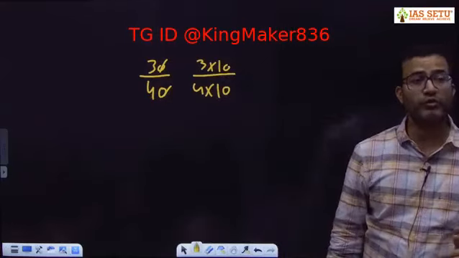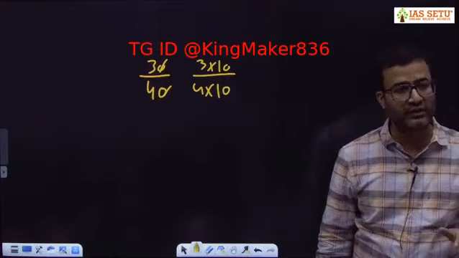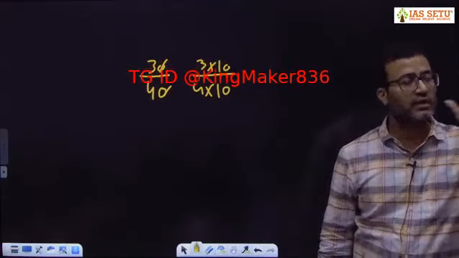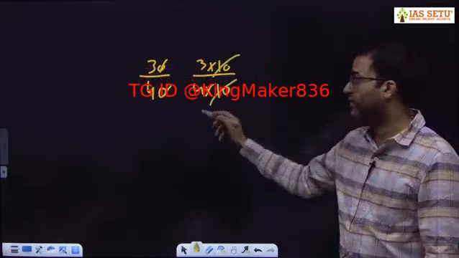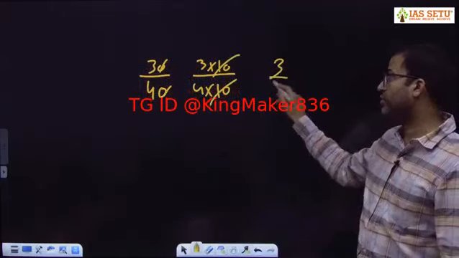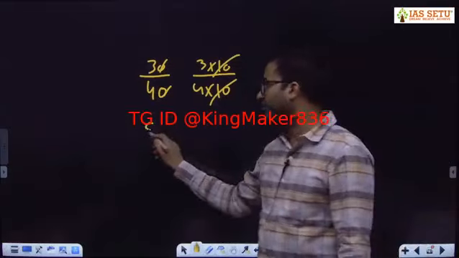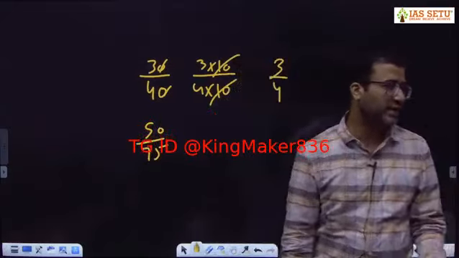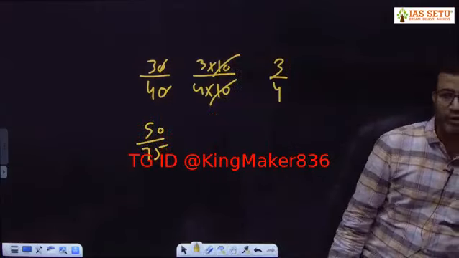Either you cancel common factor, but why do common factor? एक ही बार में खत्म कर दो ना, highest common factor को cancel out करो, you get 3 by 4.